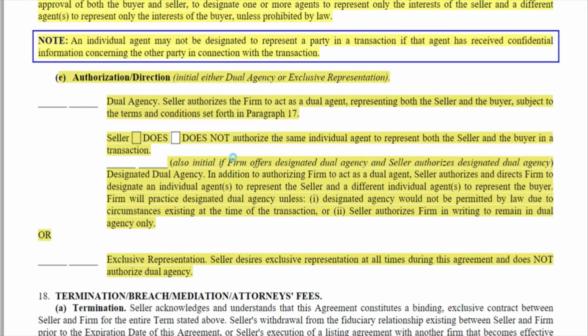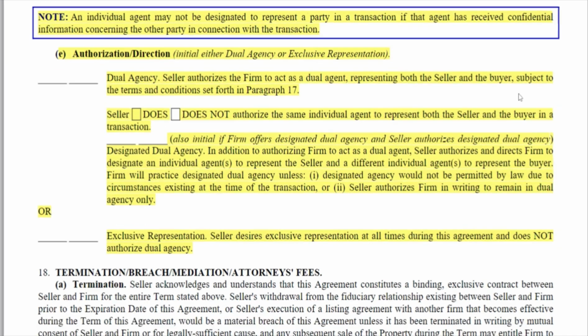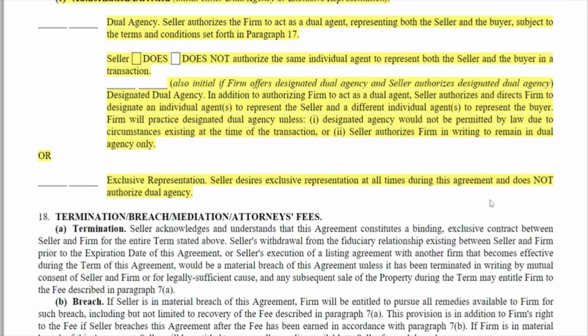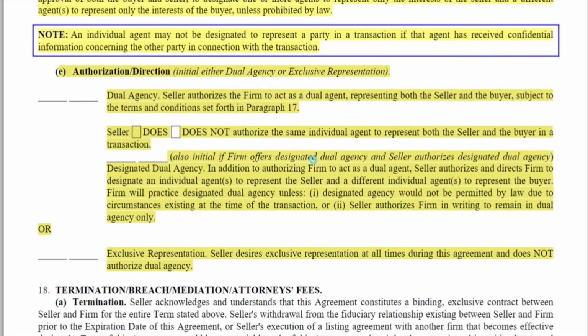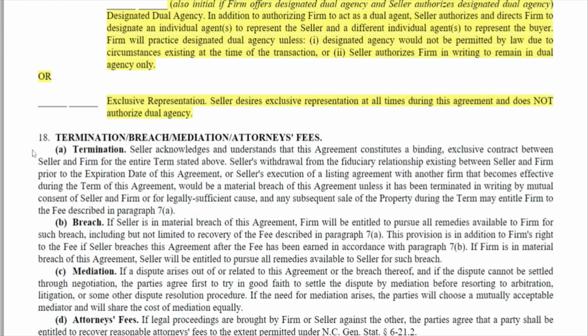The seller does or does not authorize the same individual agent to represent both the seller and the buyer in a transaction, or also initial here if the firm offers that designated dual agency and the seller authorizes that portion, then you can sign an initial here if you're okay with the designated dual agency, or you just want me to exclusively represent you. This is your desire, so you can initial here. So whichever one you initial is what we're going to adhere to.